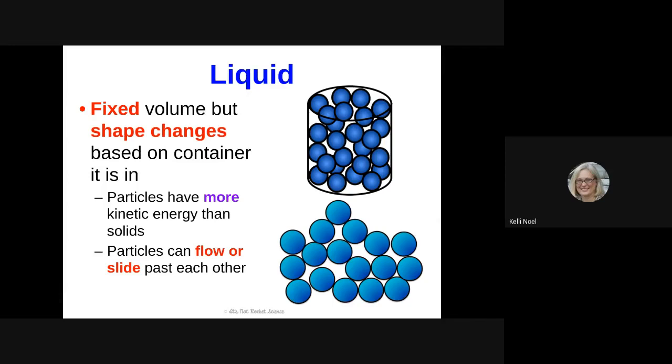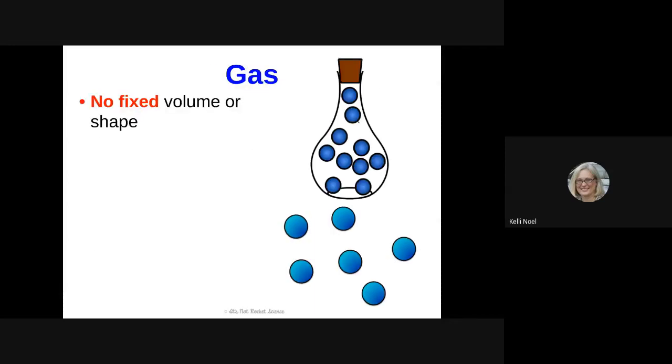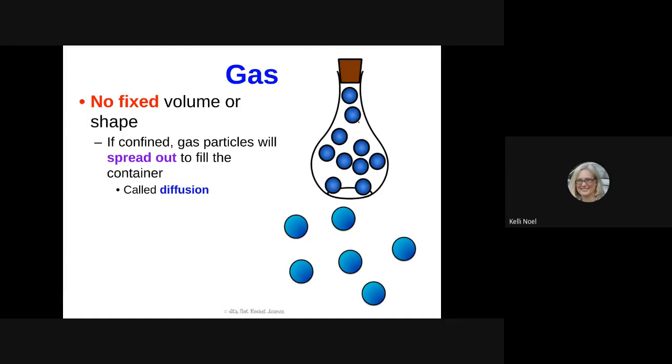I got those. Gas, if you notice, gas doesn't have a fixed volume or shape because they're going to spread out, and unless they're in a container, they're going to keep spreading out. And this spreading out, we have a name called diffusion because it's going from an area where there's a lot of them to an area where there is little, where there's none of the material.